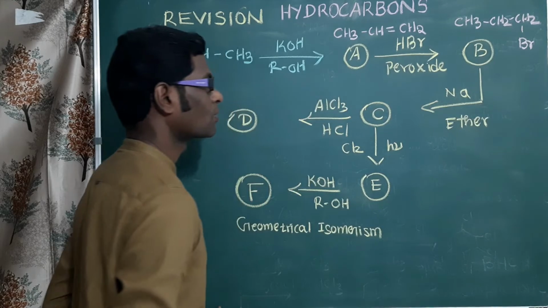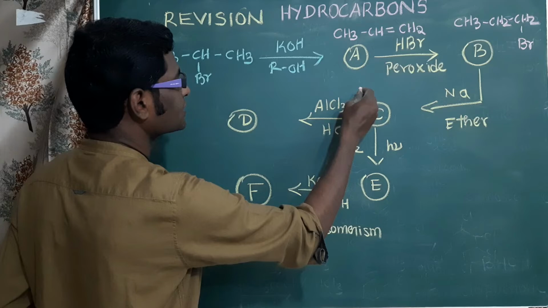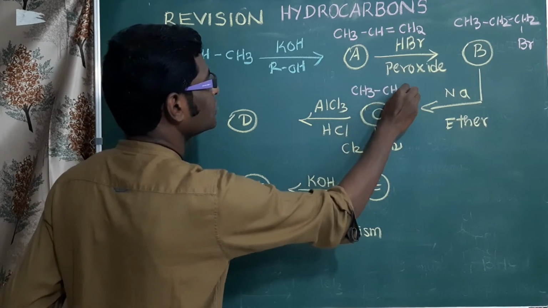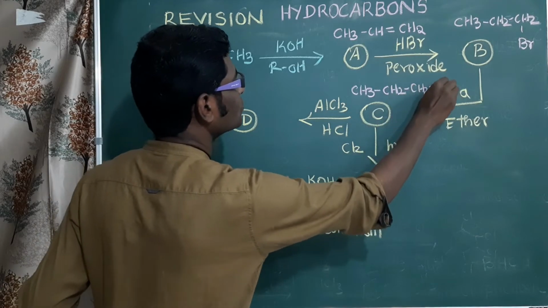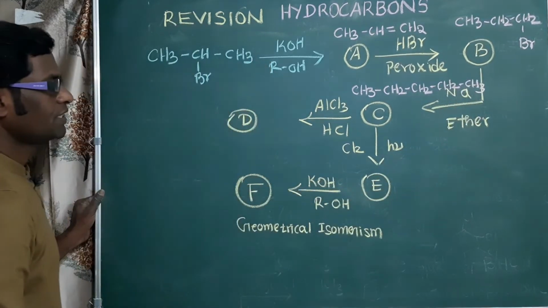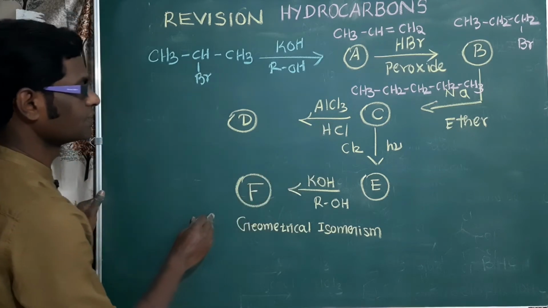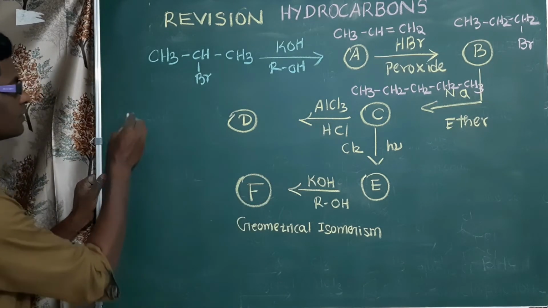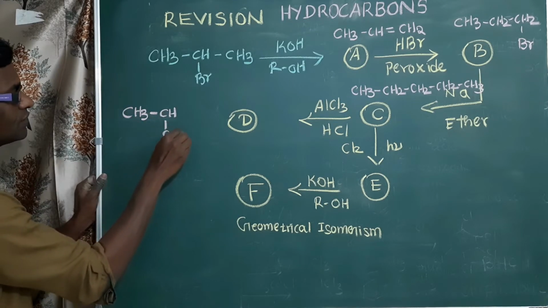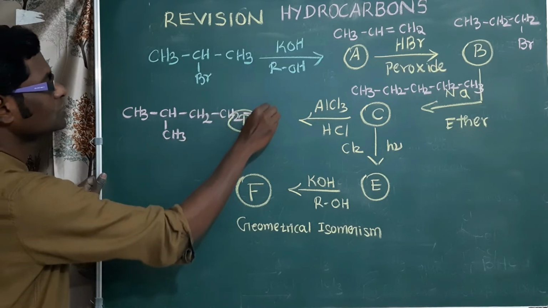This 1-bromopropane treated with sodium and ether gives hexane: CH3, CH2, CH2, CH2, CH2, CH3. Hexane treated with anhydrous aluminum chloride and hydrochloric acid undergoes isomerization, and we will get CH3, CH, CH3, CH2, CH2, CH3.